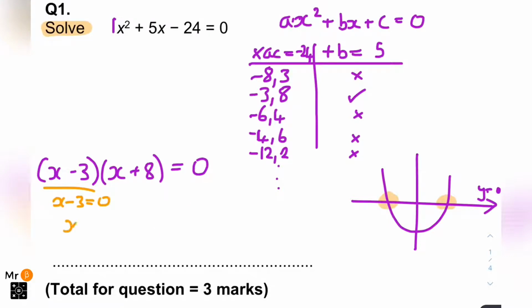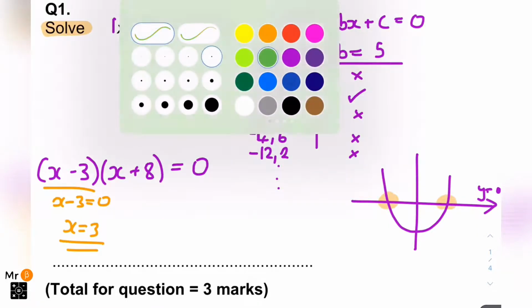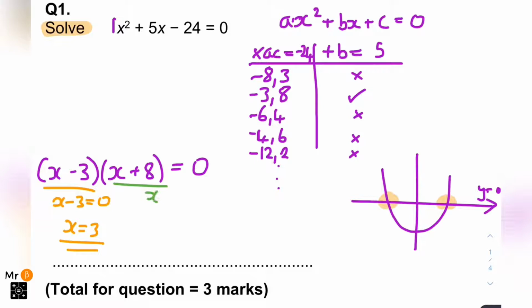That gives me the solution x is equal to 3. And my second solution, we make the second bracket equal to 0, and that gives me my solution x is equal to negative 8. So if I wrote these solutions on my graph, you would have minus 8 and positive 3. And these are the two answers which the exam would be looking for.